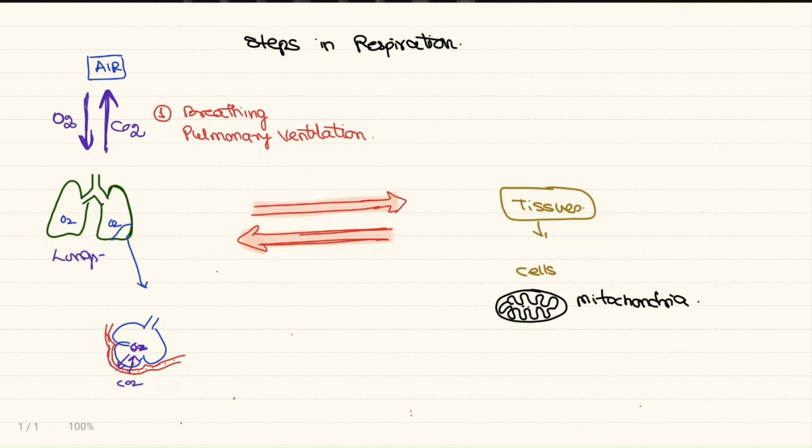So in the lungs, we have the exchange part between the alveoli and the blood. So this is the step 2, and the second step is called as the exchange at the lungs, called as the pulmonary exchange. So pulmonary exchange is the simple diffusion method between the alveoli and the blood.